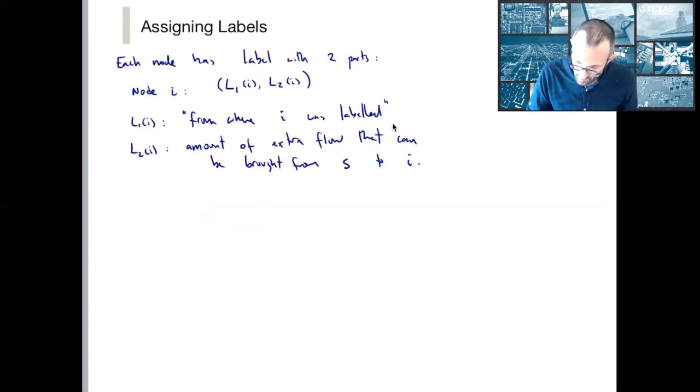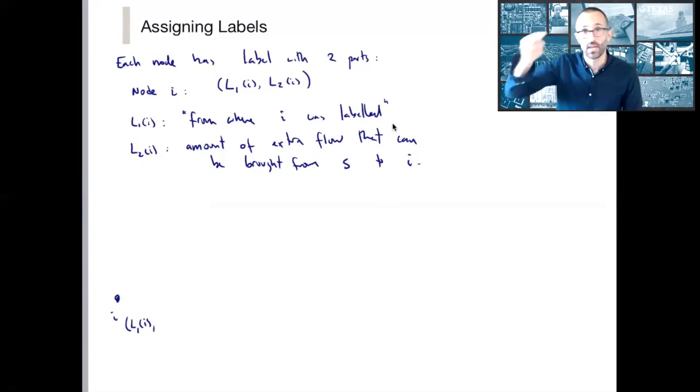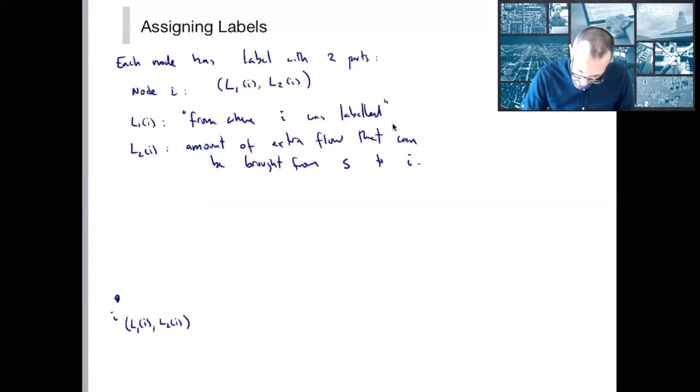Okay, so here is the general labeling algorithm. So if node I has been labeled, and I'm going to write down generically it's labeled, so just L1 of I, whoever was scanned when I was labeled, and L2 of I. And let's suppose, what are the two situations? The two situations are that I have a forward unsaturated edge.